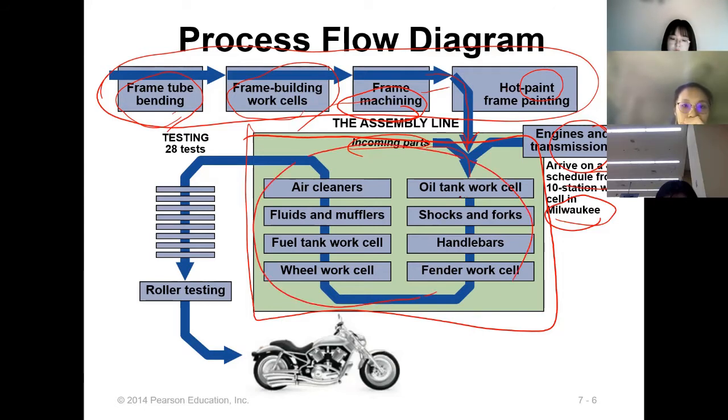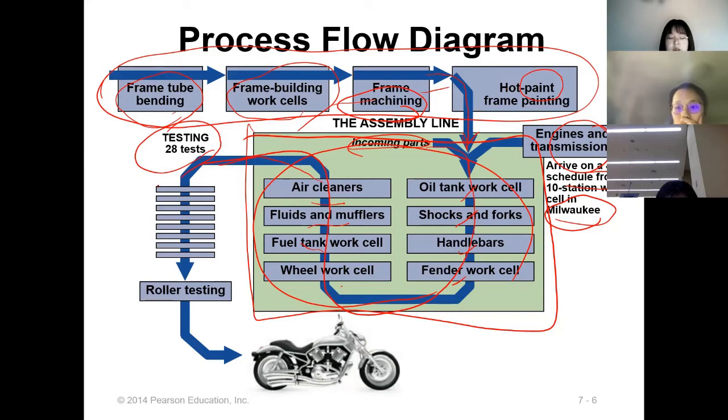So they will install the oil tank, they will install the shocks and the handle, the fender, this flow. Then they will fix the wheel, the fuel tank, fluids and muffler, air cleaners. Then they go for testing. Remember, I showed you a video on testing cars. Same thing in motorcycle.